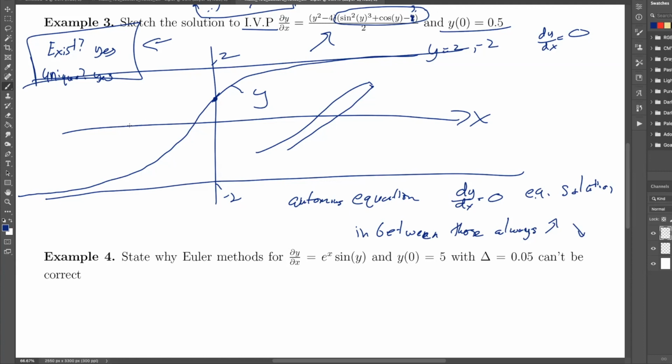And if it's increasing, you can draw in this solution. If it's decreasing, you draw in a solution that looks something like that. Okay. In between them. And then notice here, solutions up here are always going to be decreasing, and they go into like that.